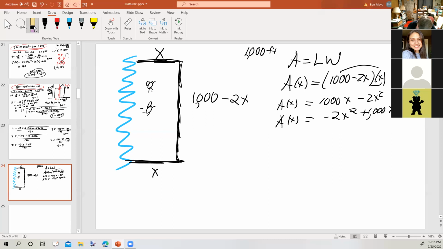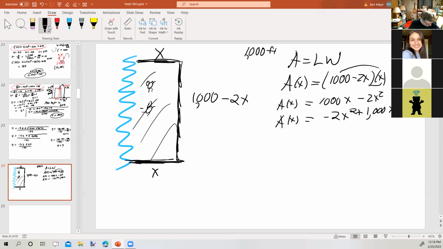Okay. So there's the function or the equation that's relative to the area. X, the input, would be this length here, and A of X would be the total area that the cows can graze in.